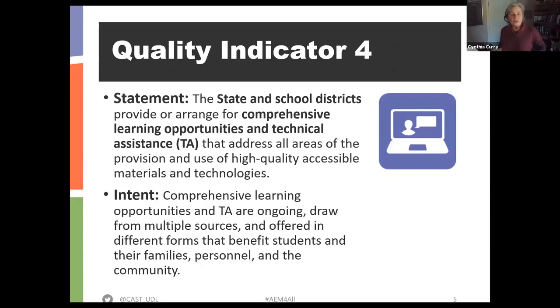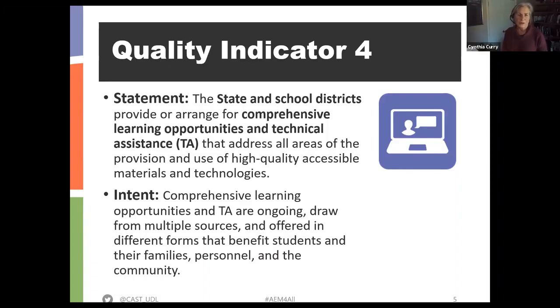Looking specifically at quality indicator 4 today, this is about providing those professional learning, technical assistance, and training, whatever your state or your district refers to, in terms of ensuring that there's continuous improvement and professional learning for staff. That's what Quality Indicator 4 is all about.